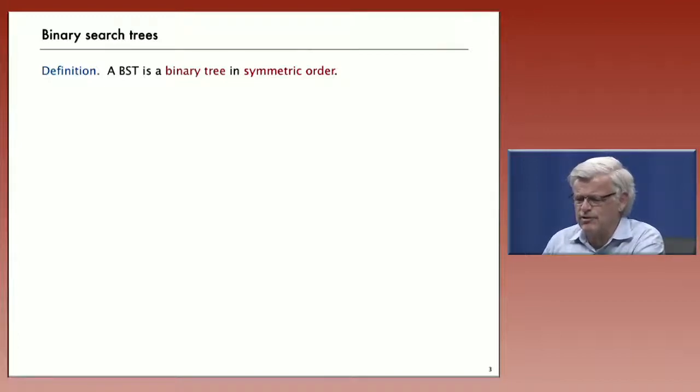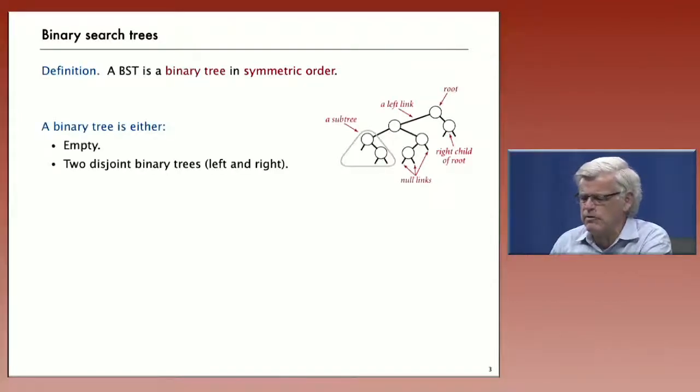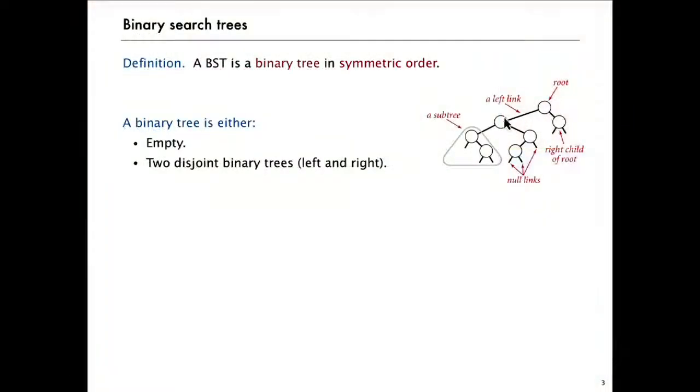A binary search tree is a binary tree in symmetric order. Let's look at the meaning of those words. So a binary tree is an explicit data structure. It's got what we call nodes, which contain information, and every node's got two links to binary trees that are disjoint from one another, a left tree and a right tree associated with each node. Each node has a left tree and a right tree.